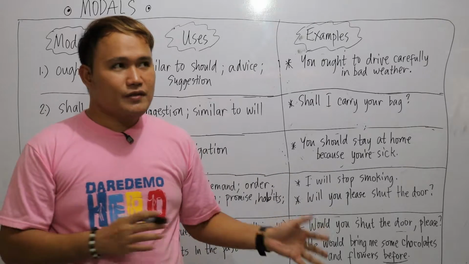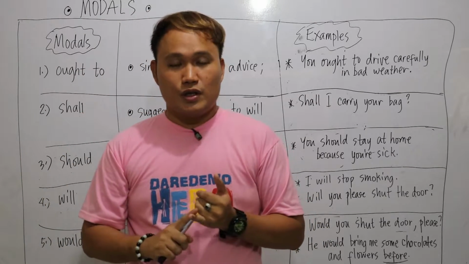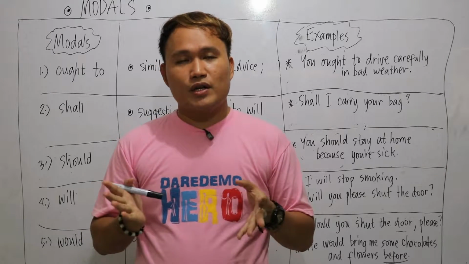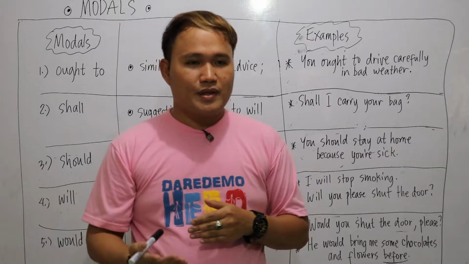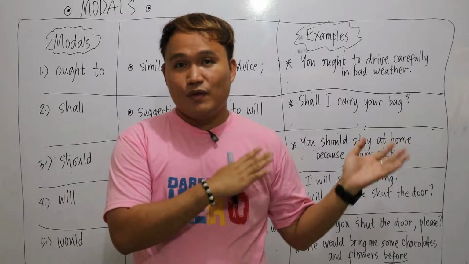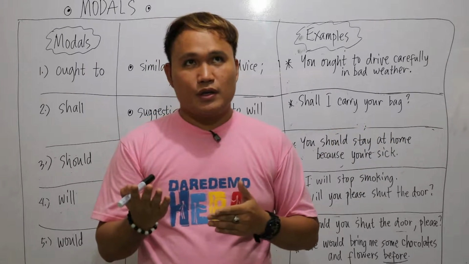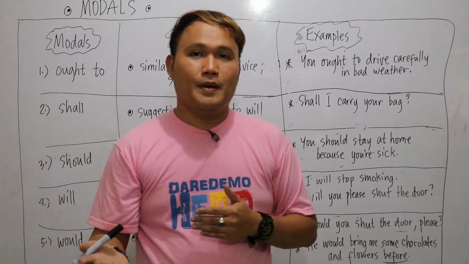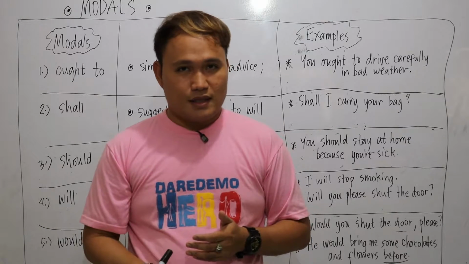And not just for would, actually for other forms of modals like could, would, might. These are modals used if you're trying to express an event that you used to do before. So you don't say, for example, for could, my father could swim before, but right now he cannot.